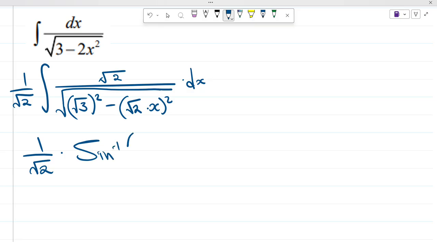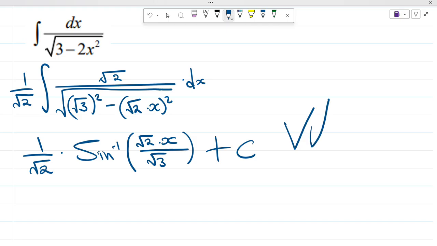The 1 over a is inside the argument there. So then you conclude that this is going to be square root of 2 multiplied by x divided by a, which is what? Root 3, and then plus c. Ta-da! You have your answer there. So that's just it.